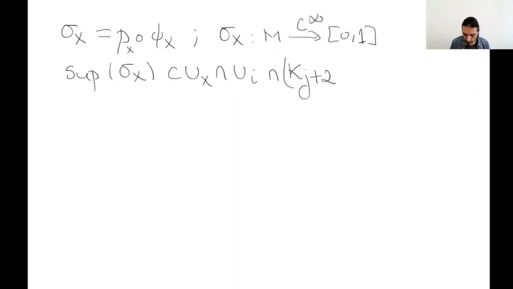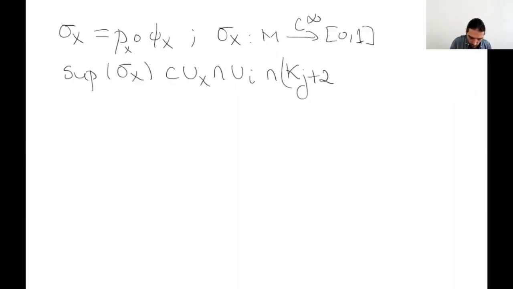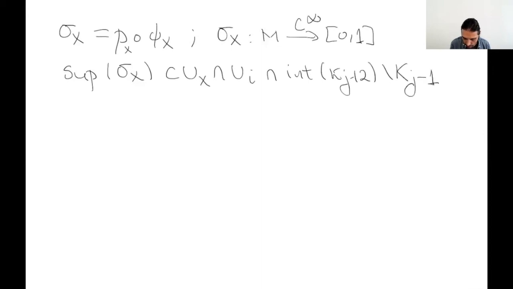It is contained in all these sets. Now, let's recall that by definition, sigma x applied to x is equal to 1.